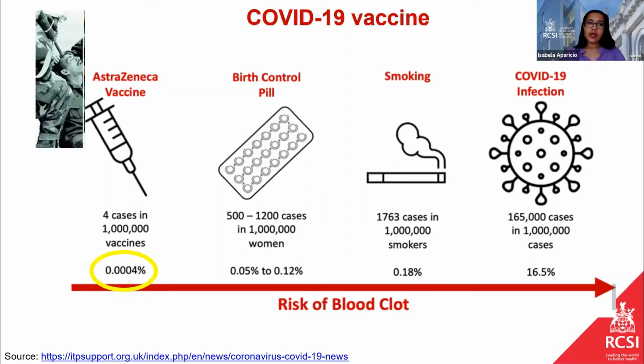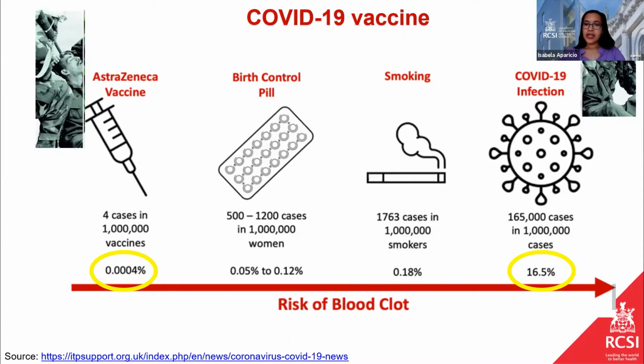So here we focus on the risks of the vaccine, whereas the benefits are far greater. So if you pay attention to these numbers here, the chances of having blood clots, if you get infected by COVID, are 40,000 higher than the chances of getting blood clots from the actual jab.